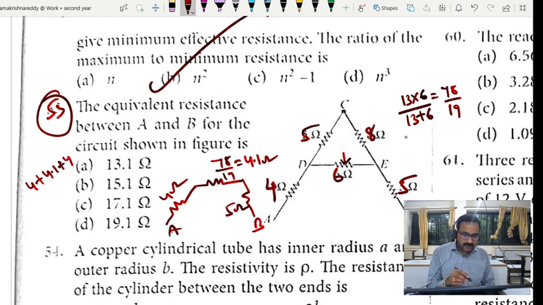This last one is 5, we misread that. 78 by 19, we got 4.1 roughly. So 4 ohm, 4.1 ohm and 5 ohm. 4 plus 5 is 9, 9 plus 4.1, that is 13.1 ohm we are getting.